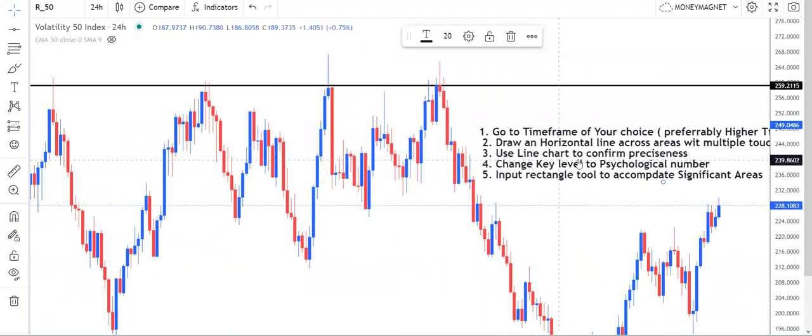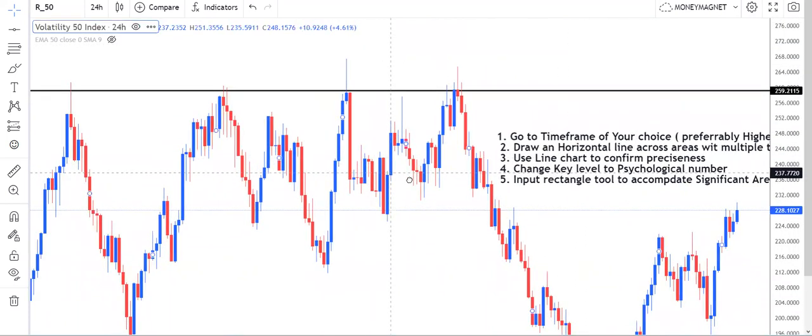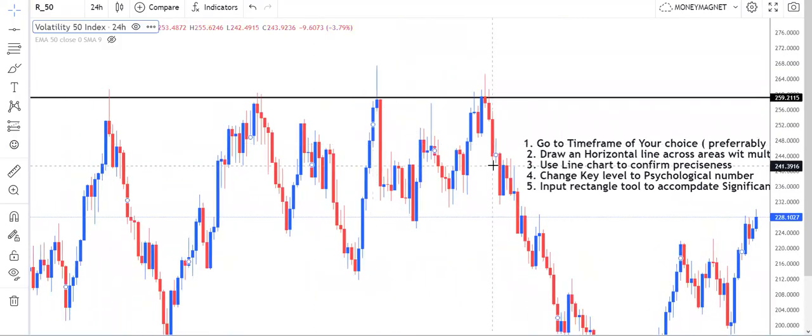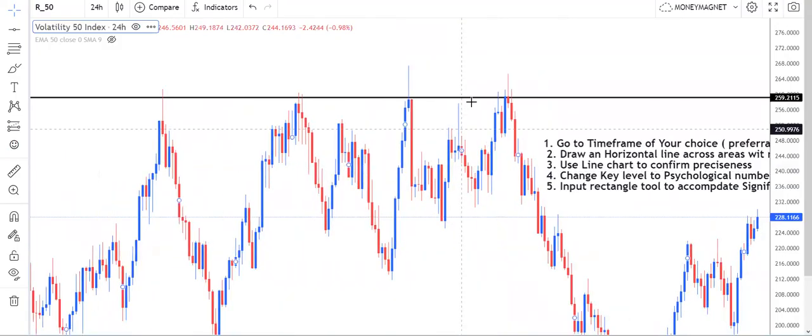And the number 3 says, use line charts to confirm the preciseness of this. Now, this is one you would want to switch back and forth between the candlesticks and then the line charts, as the line charts best help you identify the close of the candlestick.